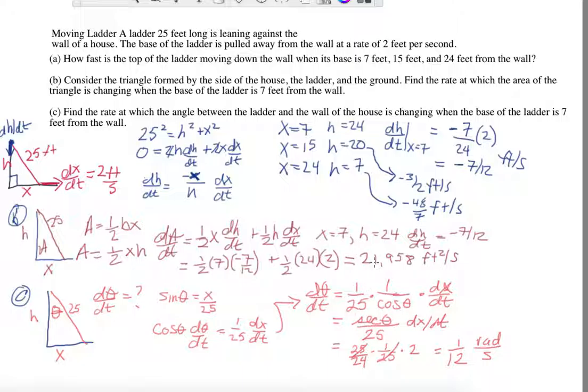And so this is how you would complete the moving ladder problem with 3 different cases. The first one being the rate at which the height is changing. The second case, the rate at which the area of the triangle is changing, formed by the wall, the ground, and the ladder. And the last one is how the angle between the ladder and the wall is changing with respect to time.